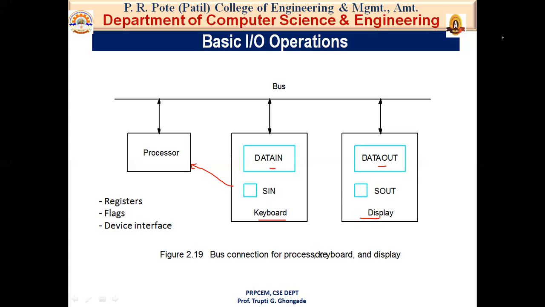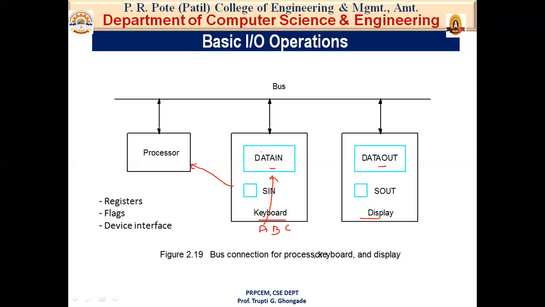This data in tells the processor that a valid character is in data in. It means that after pressing A, B, and C on the keyboard, your A enters the data in. Once your character is entered in data in, it tells the processor that I got one character.